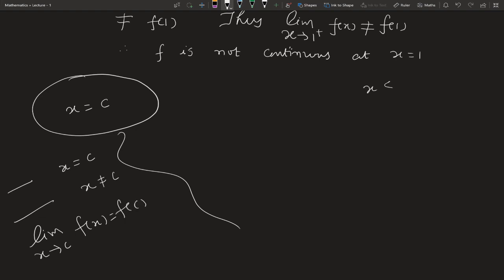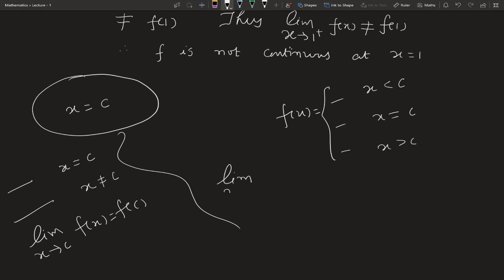But if the function is defined in three parts, x less than c, x equal to c and x greater than c, then we will check this condition.